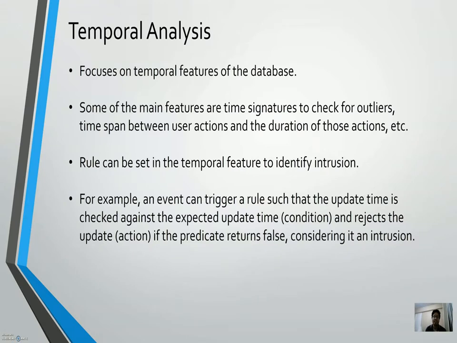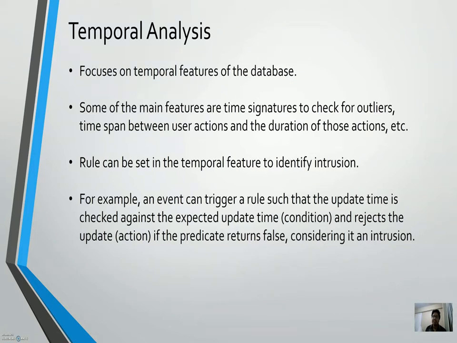Our first approach is temporal analysis, which is related to the time features of a database. This approach focuses on temporal features such as time signatures, the time span between user actions, and the duration between two actions. The IDS can set a rule in the temporal feature to identify intrusion. For example, if an update command is invoked in the database, the IDS will check the expected update time, and if it does not match the time span of the predicted one, the IDS will consider this an intrusion.